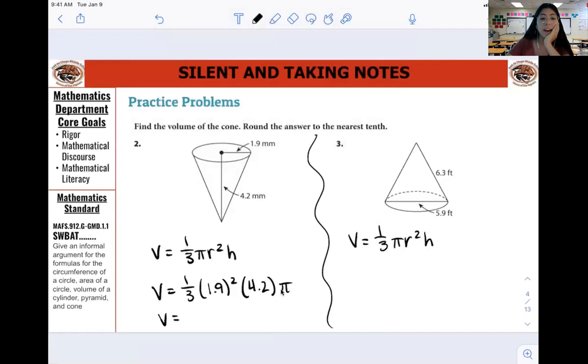Yes, in terms of pi, and then also to the nearest tenth. Thirty more seconds.